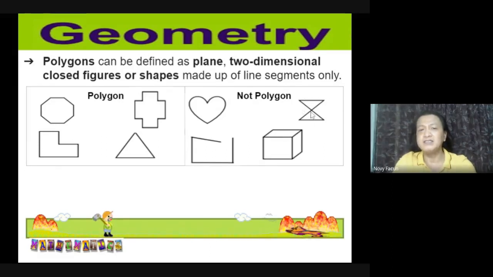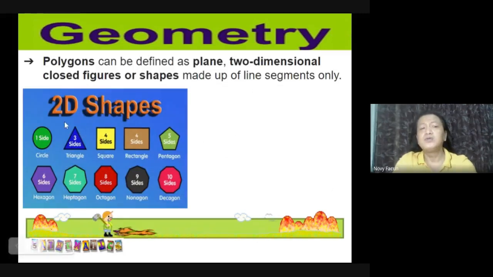Ito naman, this consists of consecutive, meaning collinear sila. That's why this is not polygon. Yung lines niya, yung line segment. Okay, so with that, kailangan para masabing polygon, non-collinear.